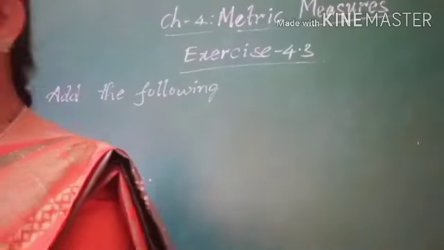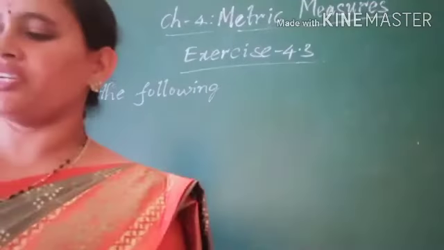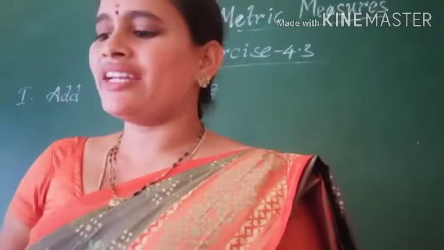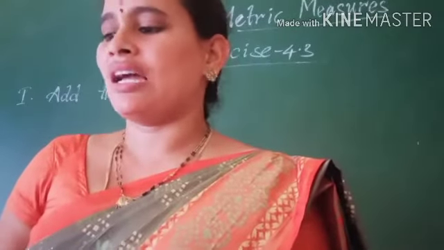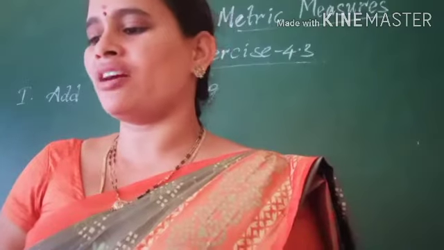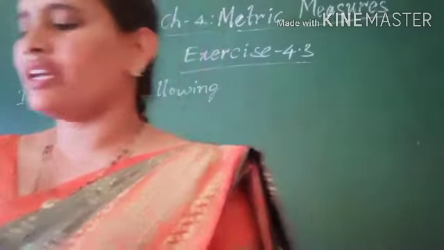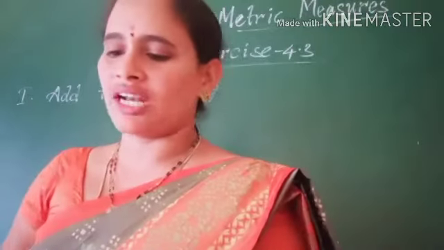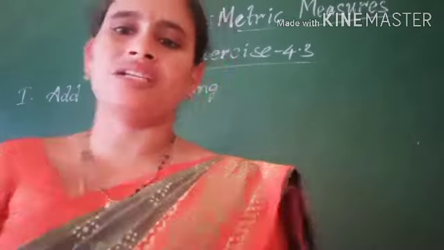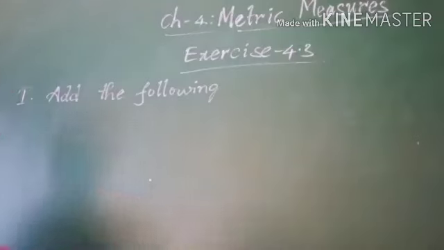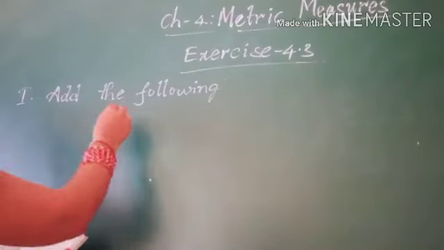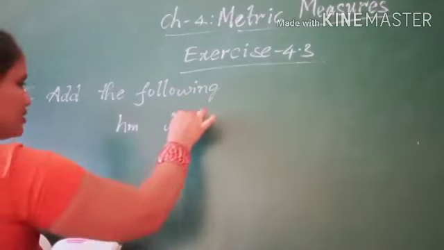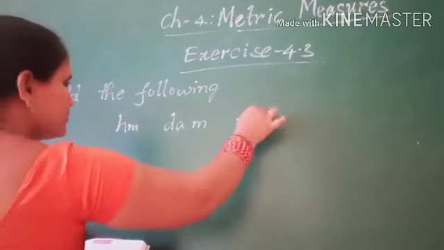See the second sum: 9 hectometers, 5 decameters, 9 meters; 8 decameters, 8 meters; and 6 hectometers, 5 decameters, 2 meters. They have given 3 units here: hectometers, decameters and meters. First you write the given units: hectometer, decameter, meter.